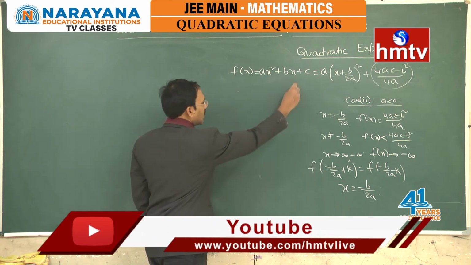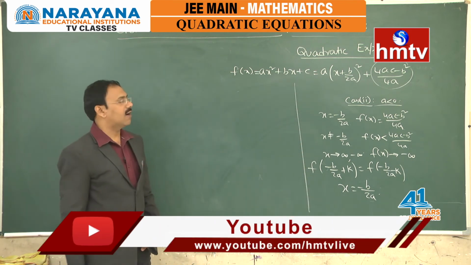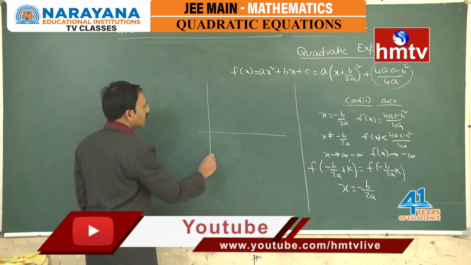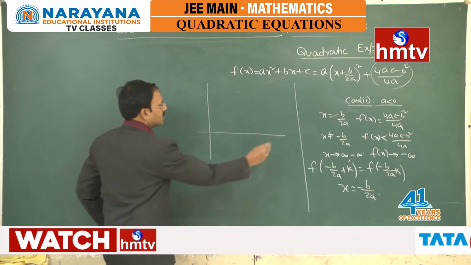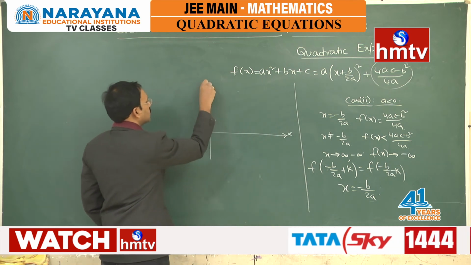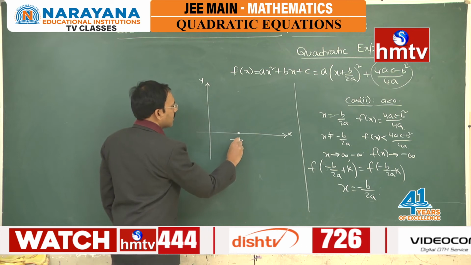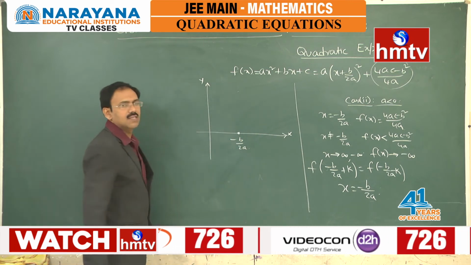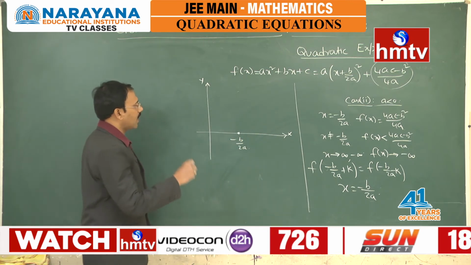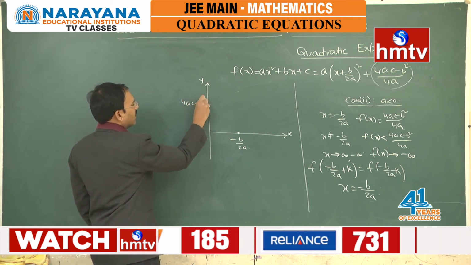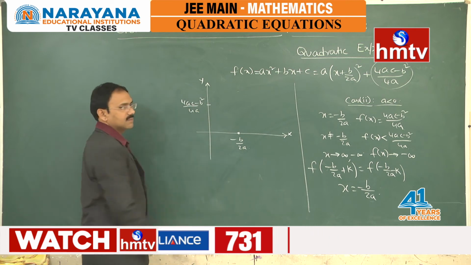With all these data, we try to draw the graph of this particular expression. That is, suppose this is the x axis and y axis. Let me plot the number minus b by 2a. Suppose minus b by 2a is here. Now, suppose 4ac minus b square by 4a is here.